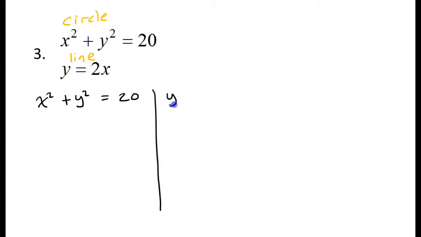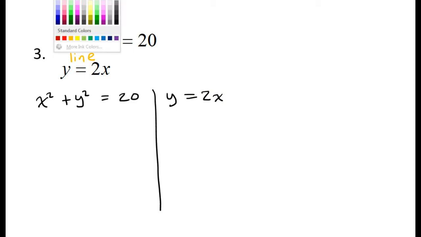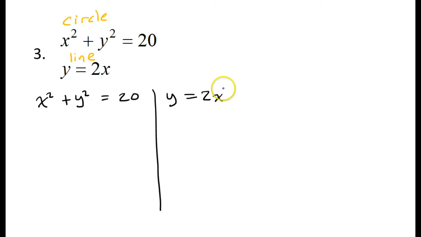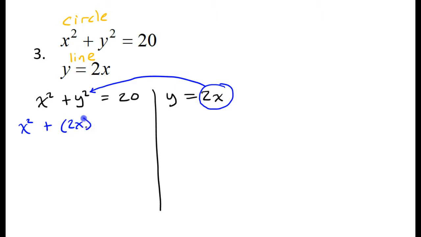And then I've got y is equal to 2x. So substitution, because y equals 2x, I can take this 2x and substitute it for y in the first equation. So this equation then will become x squared plus 2x squared is equal to 20.